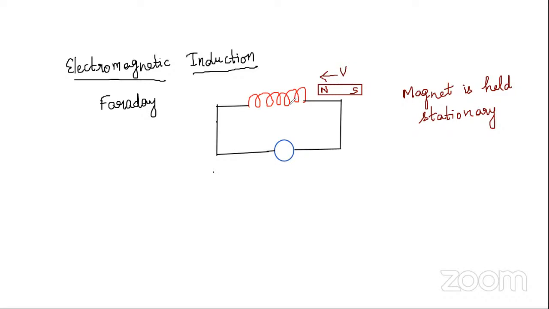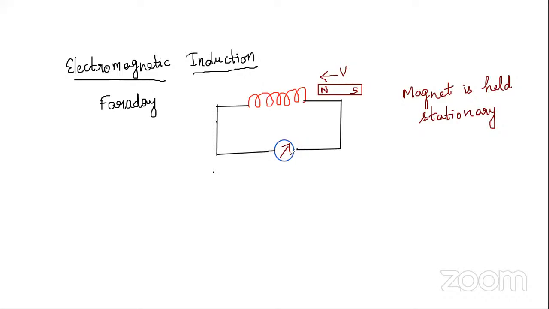Now Faraday finds that the galvanometer is showing some deflection, in this direction. When the north pole of the magnet is moved with velocity v closer to the coil, the galvanometer is deflected towards the right.